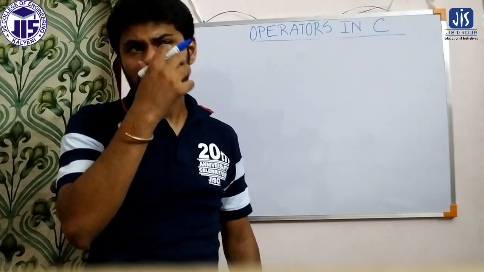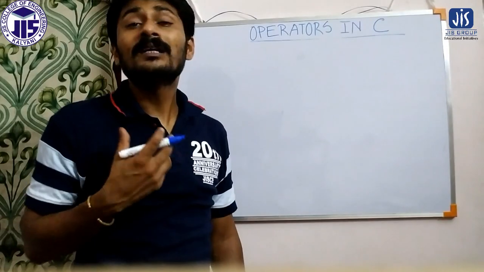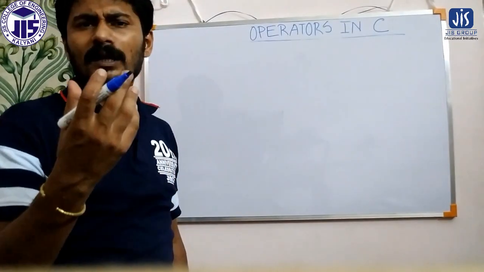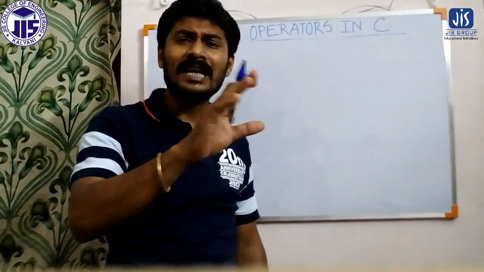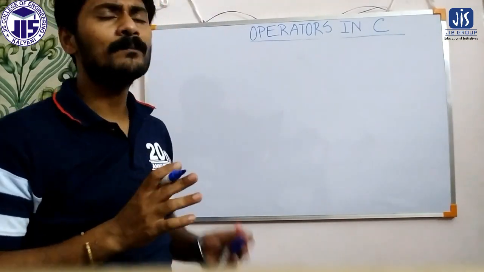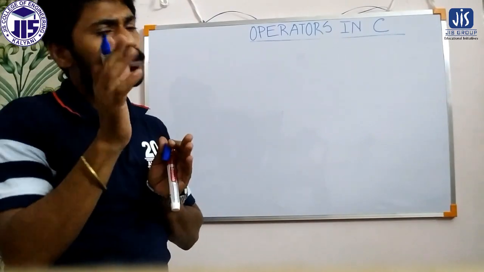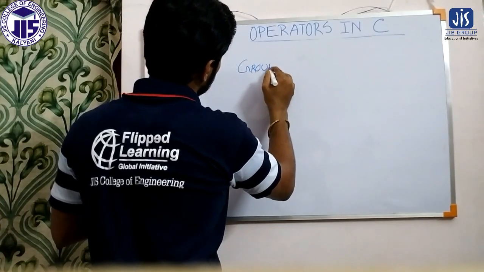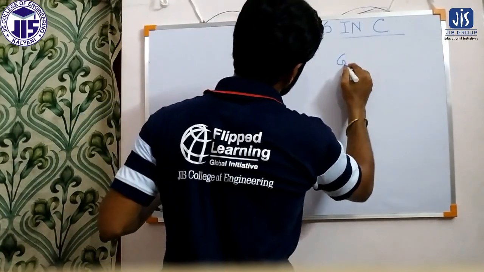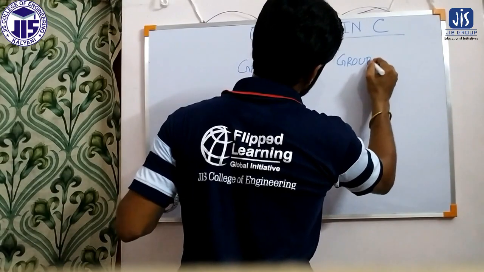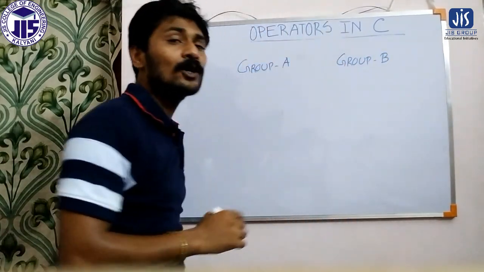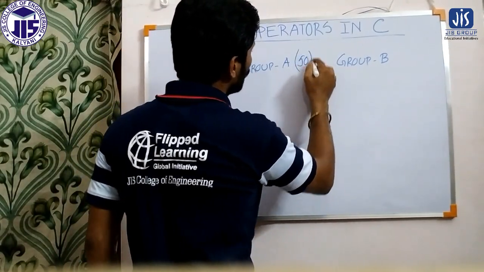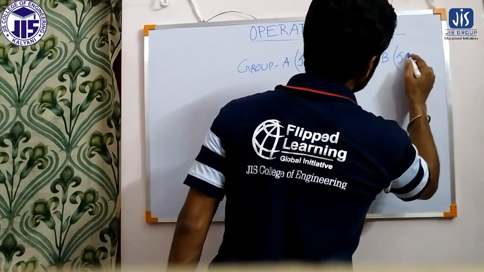For example, there is a section cutoff in your examination. We will decide that two groups are there, Group A and Group B. Group A is a 50 marks exam, and Group B also, for example, is a 50 marks exam.